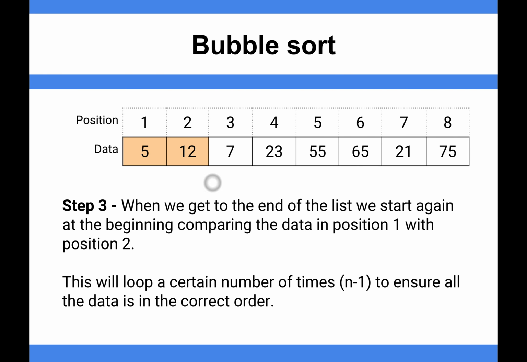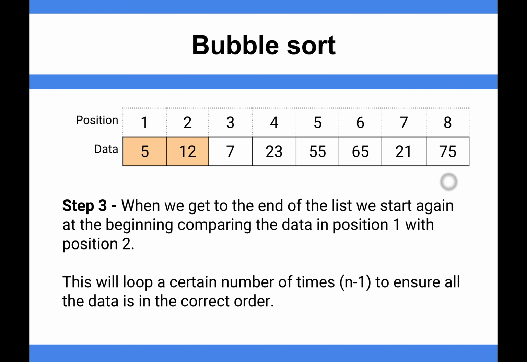But because we don't know what mess the data's in, the only thing we can guarantee is that, as it's doing these small comparisons, at some moment it's going to come across the largest number in the data set. When it finds the largest number, which in our case was 75, in position 7 I think, at some point in that first pass, every time it compares it, it's going to keep swapping it until the largest number is in position 8.